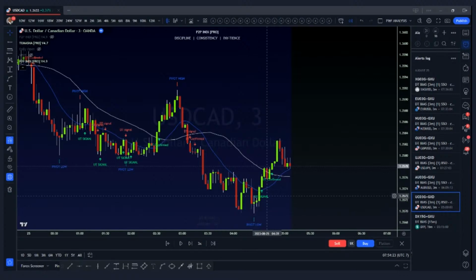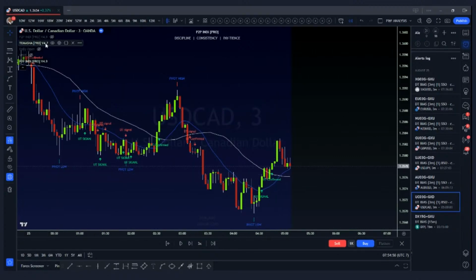It would have identified the uptrend signal, which is a second sign that it is turning. So your first sign is a pivot. That's always a sign that the market's changing trend. And then the indicator gives us a sign once it sees that candles are creating higher lows like it did here. Then it creates an uptrend signal. When it creates more higher lows, it then gives us a sign for an uptrend confirmed.